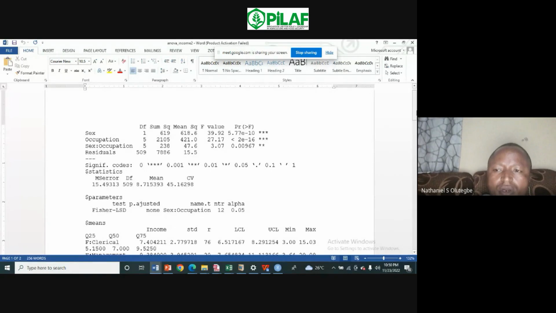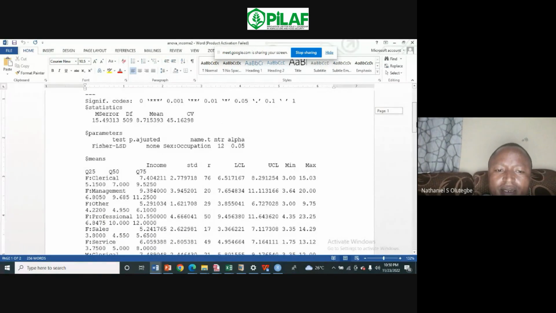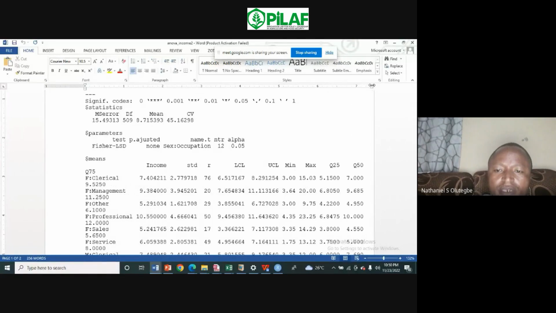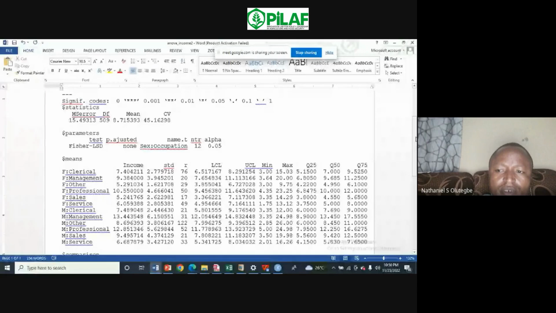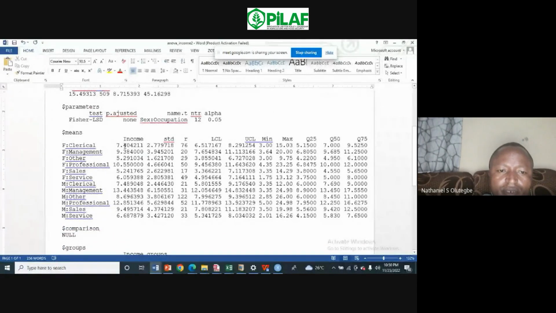So let's look at other analysis, and you will be able to make sense of it. Look at this. You have income for female clerical officers, management, order. So it's comparing them, I mean, pairing them. Female clerical is income, female management is income.